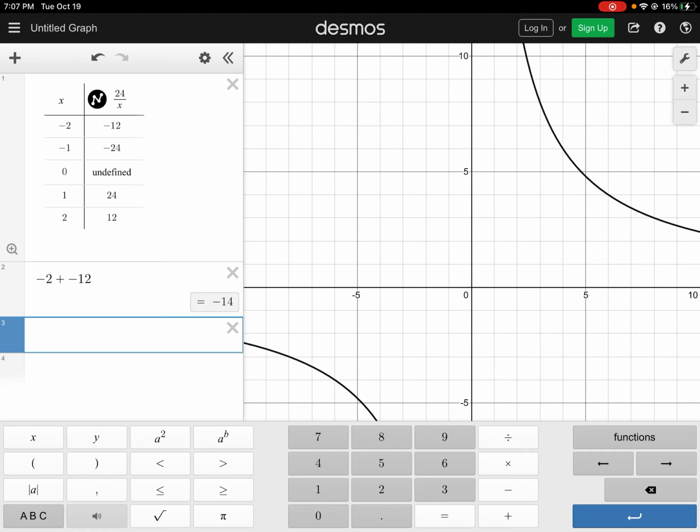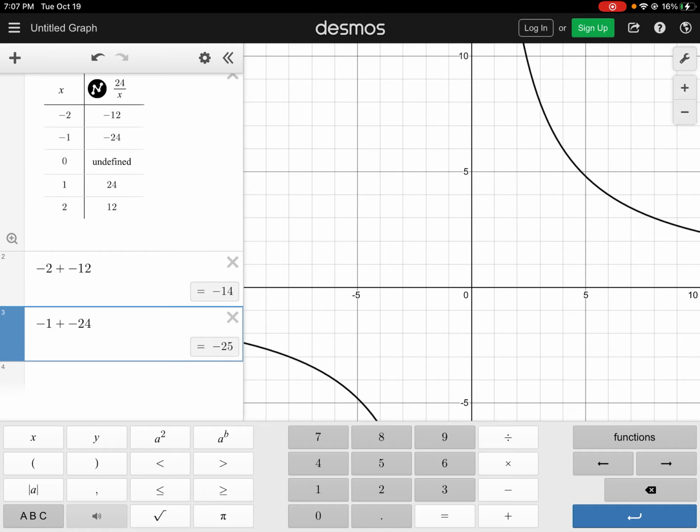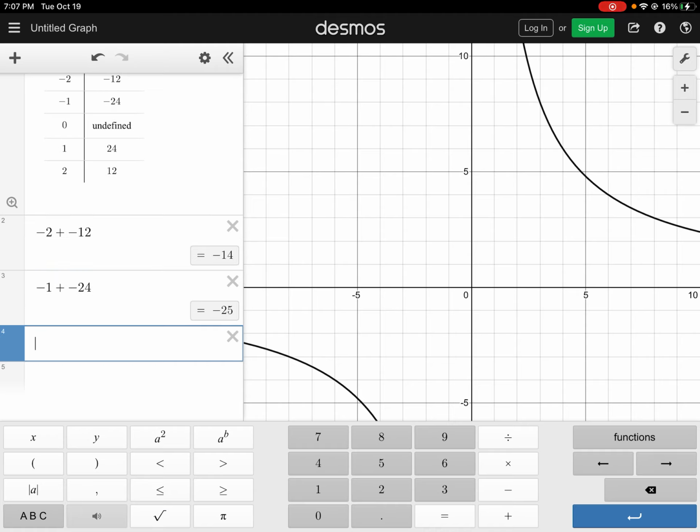That would be a no. -1 plus -24 is -25, we're kind of going in the wrong direction. 0, remember we don't fool with undefined. 1 plus 24, you shouldn't have to type that in, positive 25. 2 plus 12 would give me positive 14. None of those are what I want. So remember, Desmos doesn't give you every option possible.